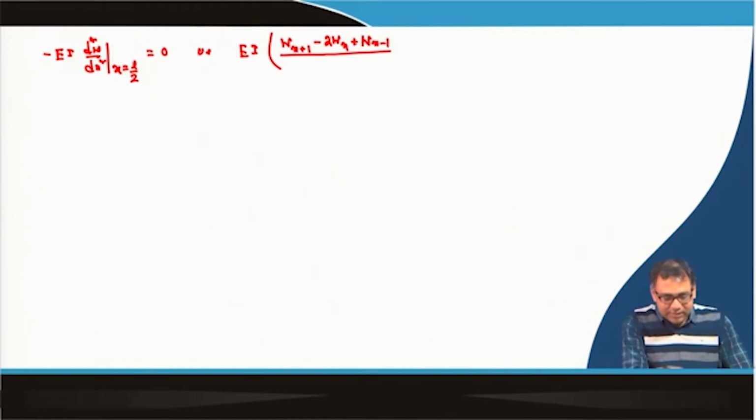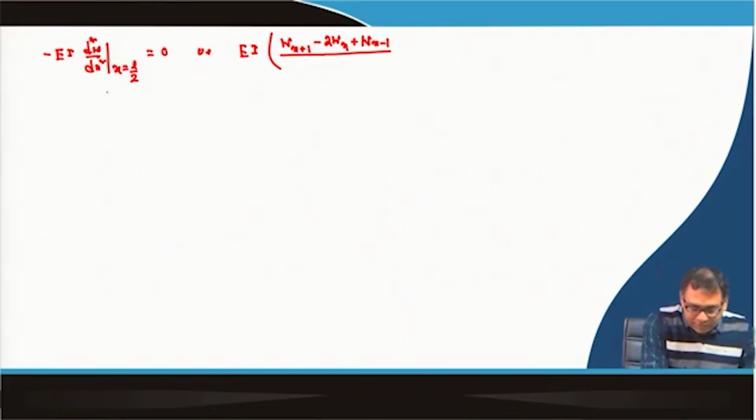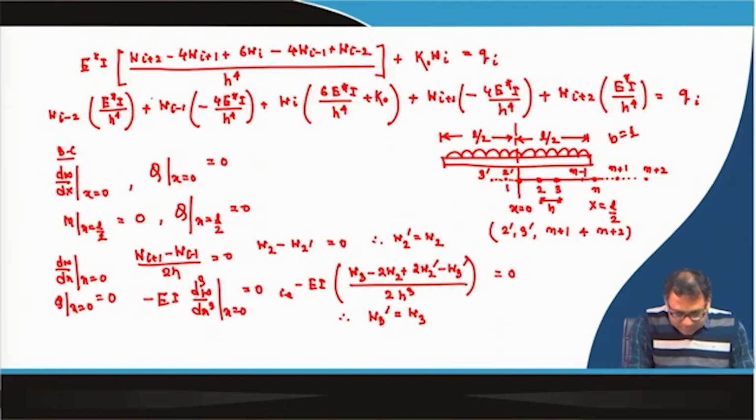I am expressing this d2w/dx2 and applying this condition at the nth node, because that is x equal to L by 2. That means this is the nth node. We have to apply these two conditions at the first node, or node number 1.